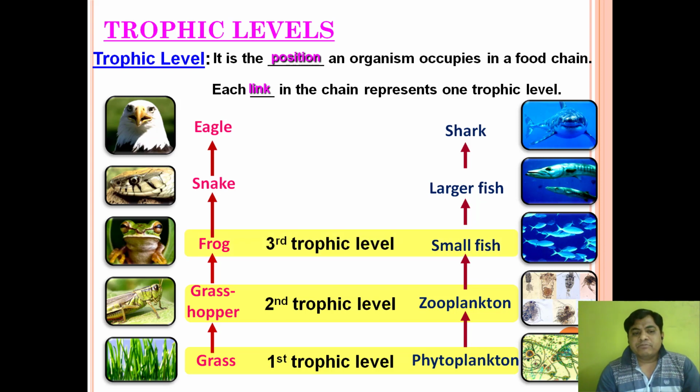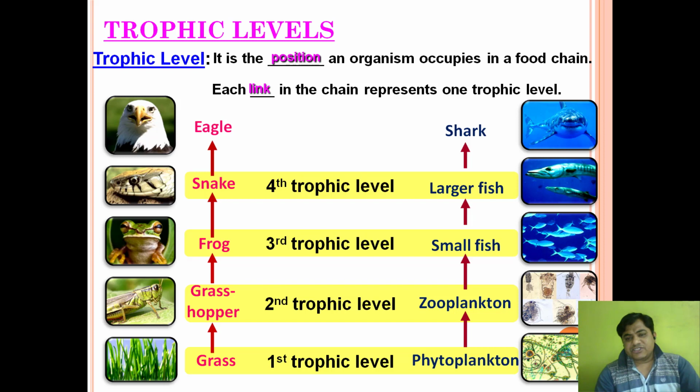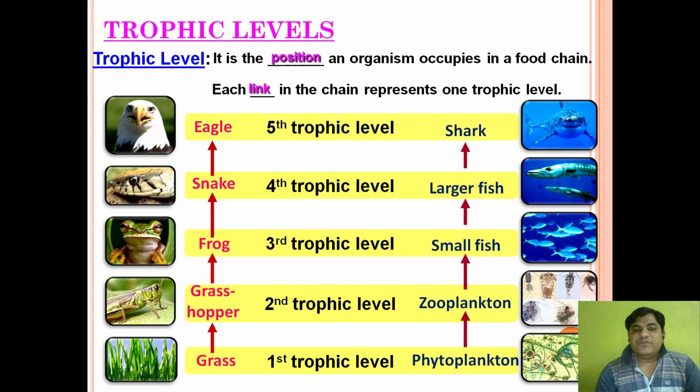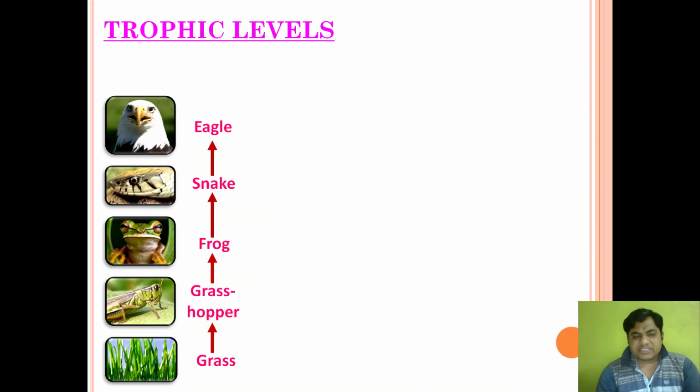The third trophic level is the frog in the grassland ecosystem, and small fishes in the aquatic ecosystem. The fourth trophic level in the aquatic ecosystem is larger fish, whereas in the grassland ecosystem it is snakes. The fifth trophic level in the grassland ecosystem is hawk, and in the aquatic ecosystem it is shark. That is the trophic levels.